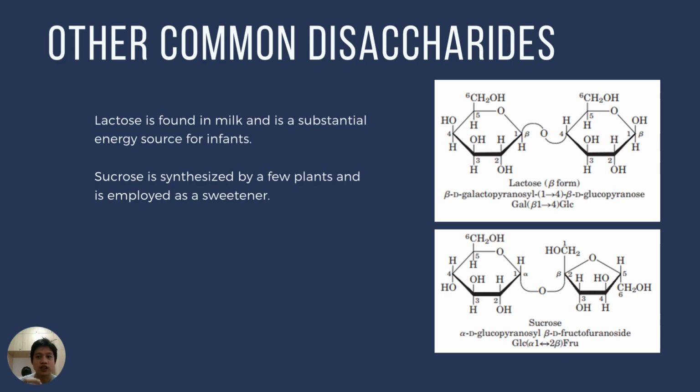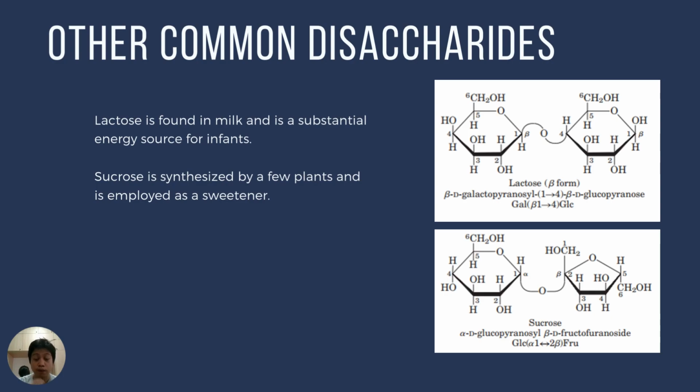But as the human grows up, the human becomes an adolescent and an adult, the expression of lactase decreases. So that tayong mga adults, we have a difficult time digesting lactose.